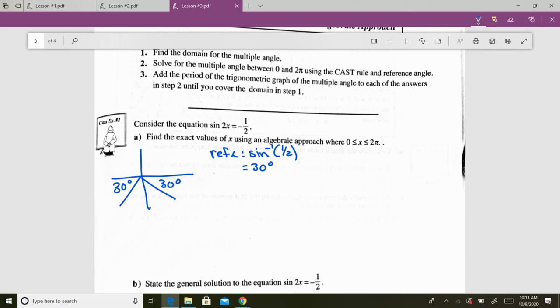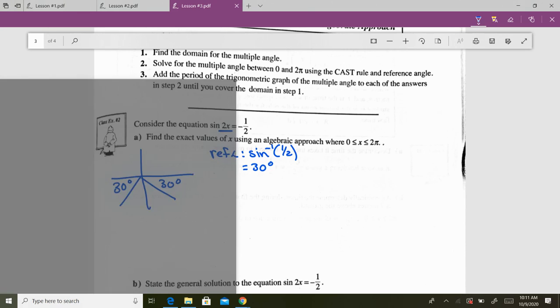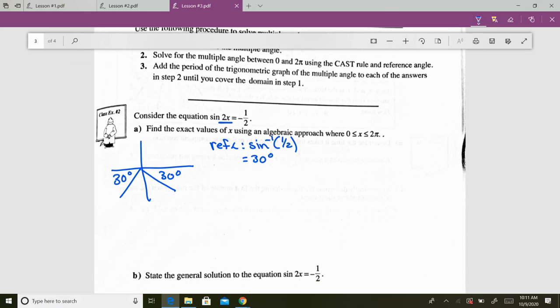Now, here's the only thing you have to remember, and you don't even have to remember it because it's written for you. We're solving for 2x, not x. So 2x is equal to, okay, what are my rotation angles? What is the first one to get to that 30? 210. And then to go all the way around, it's 330.